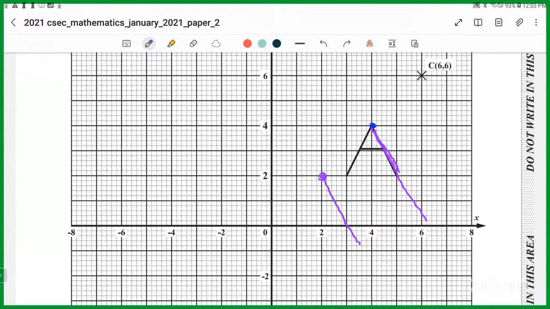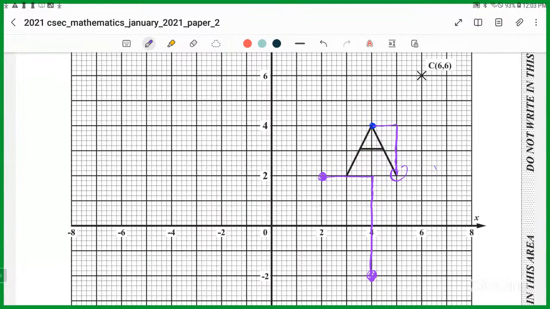Let's look at it this way. It is 1 across, 2 down to get this side. So we're going to go 2 across, 4 down, 1, 2, 3, 4. So this point is coming right there.